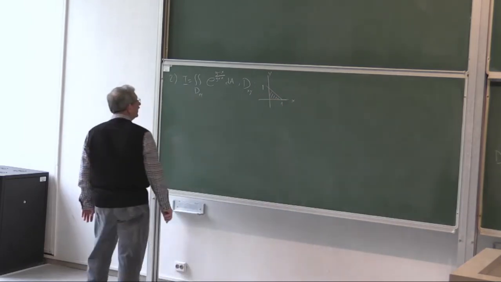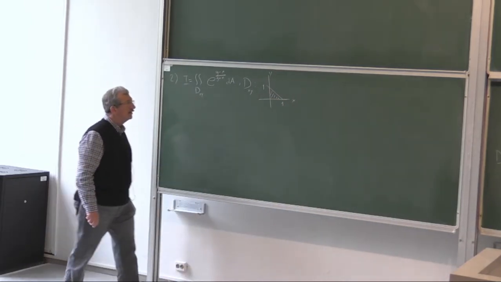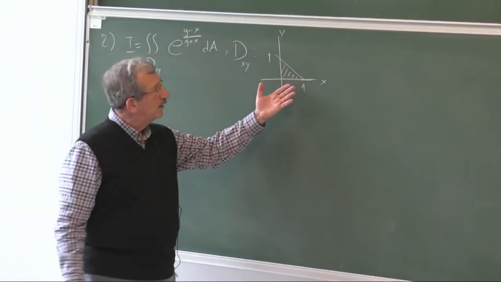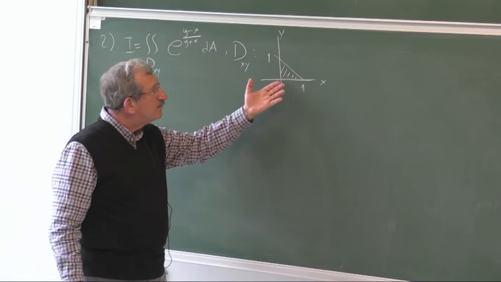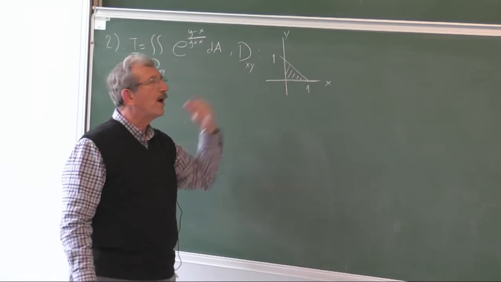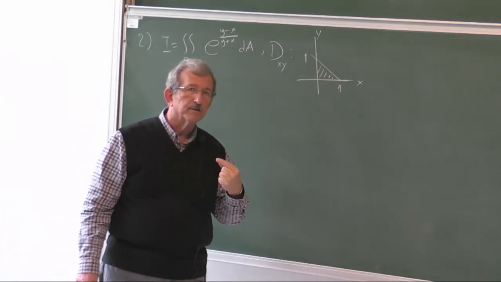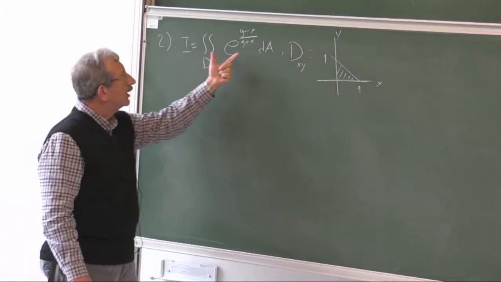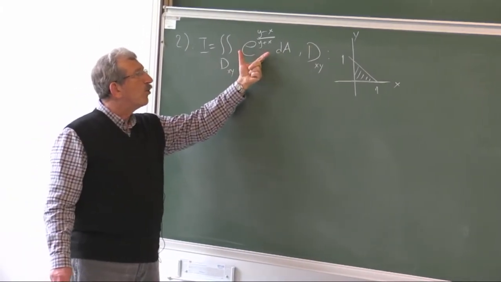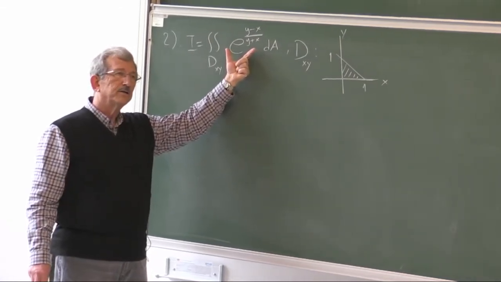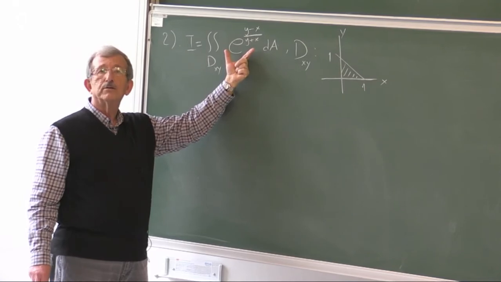Now, the trouble here is that the region is very simple. There's no problem at all. It's simple with respect to x first or y first. But the function is very difficult. In other words, either with respect to x or y, we do not know a nice antiderivative for this function.